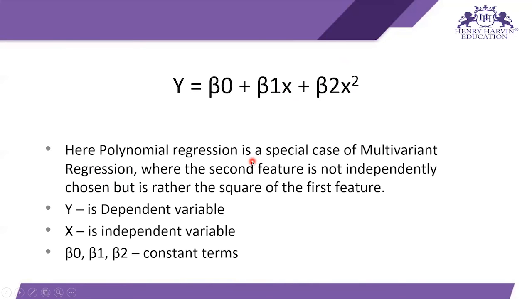Polynomial regression is a special case of multivariate regression where the second feature is not independently chosen but rather the square of the first feature. It is nothing new. So y is the dependent variable, x is the independent variable, and beta 0, beta 1, beta 2 are the constant terms. This is the math behind polynomial regression.